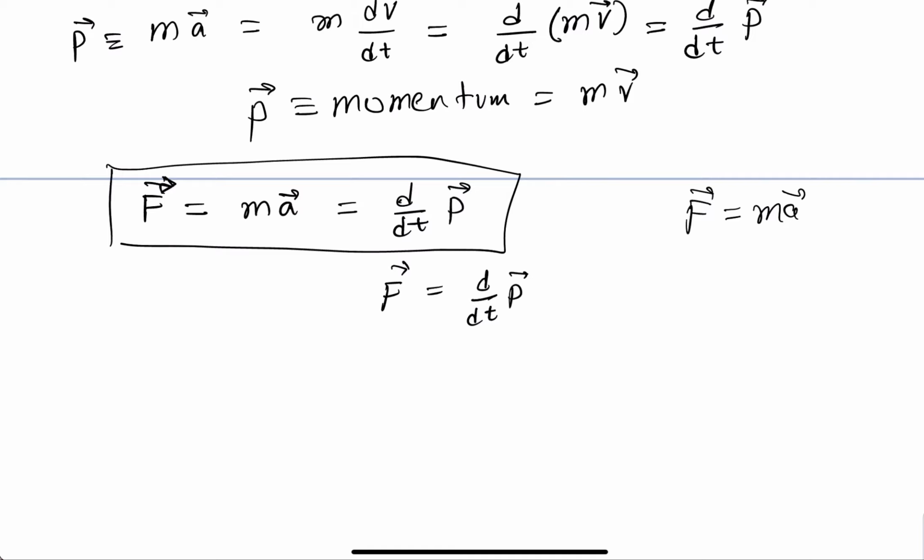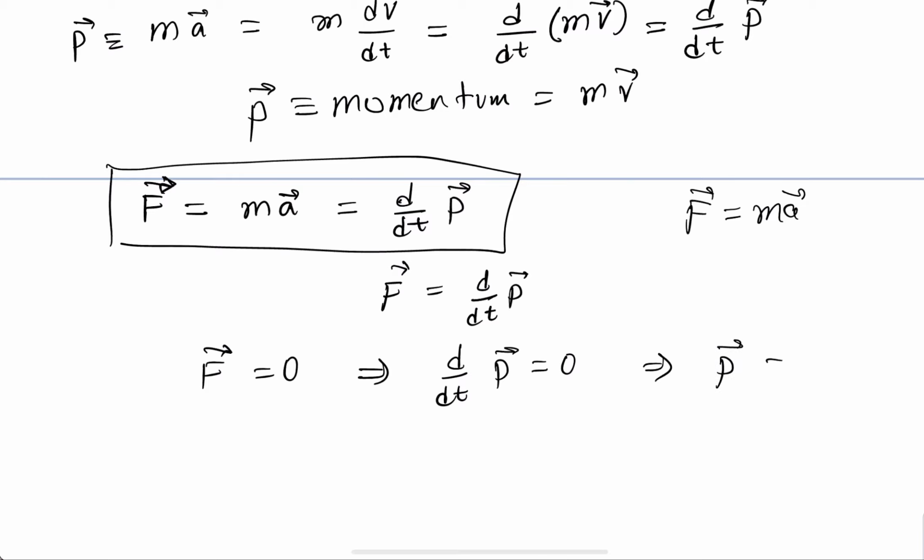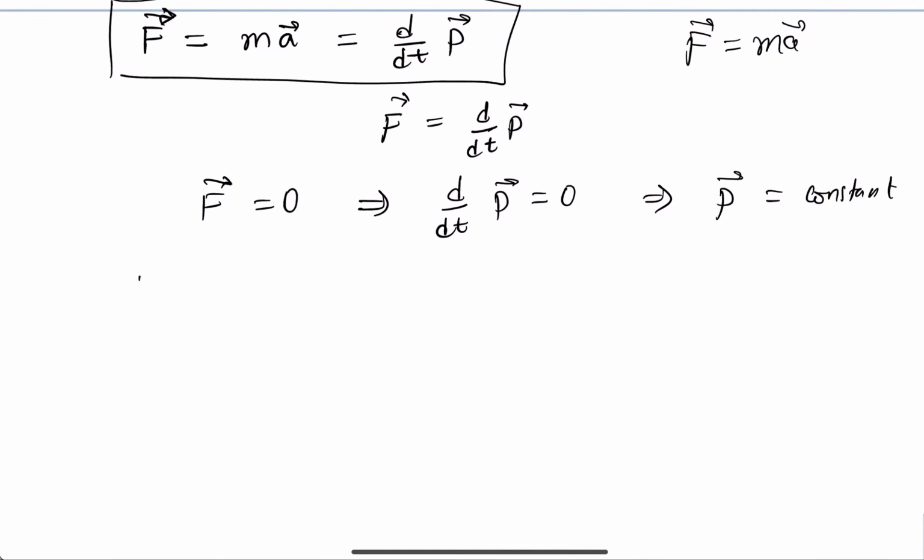So this is a more generic form, and what happens if now F is equal to 0? If there's no force acting on the object, then of course d by dt of p equals 0, which means that p, the momentum, is equal to a constant. So if there is no force acting on an object, if F equals 0, then the momentum of the system is conserved.